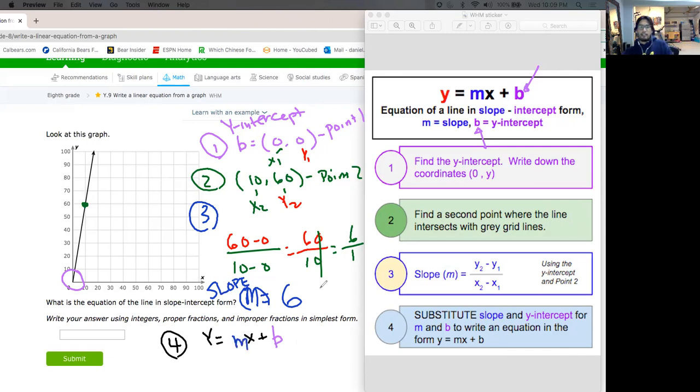And I'm going to replace the letter m and the letter b with the actual numbers that I calculated. So the actual slope I calculated is the number 6. So I'm going to substitute the m with the 6.